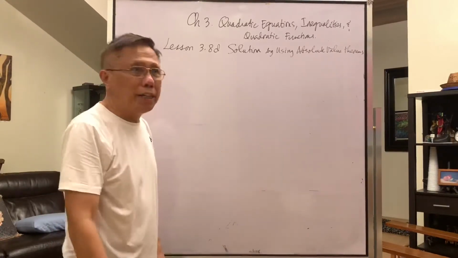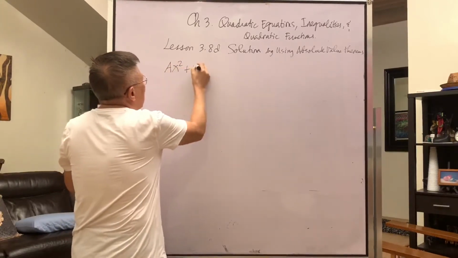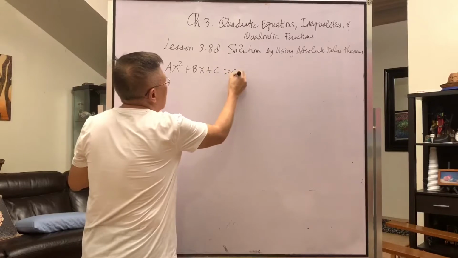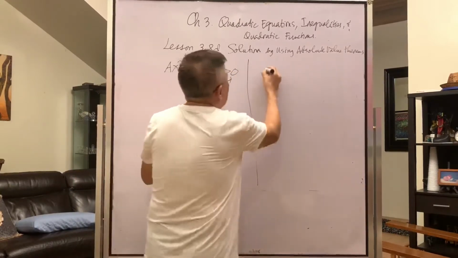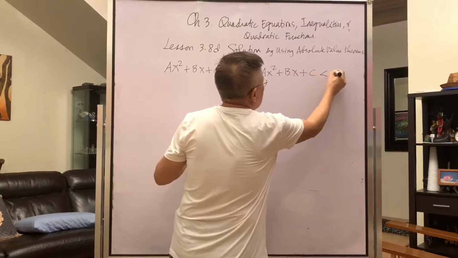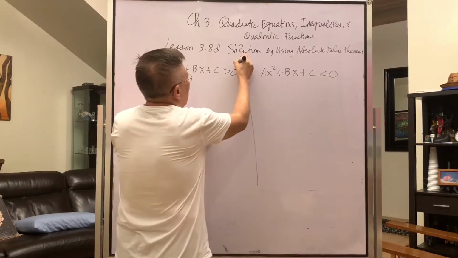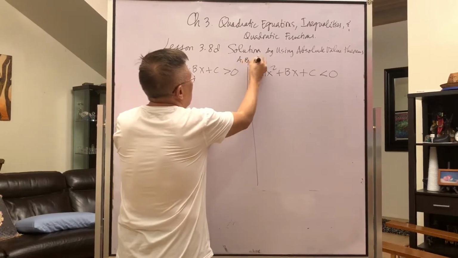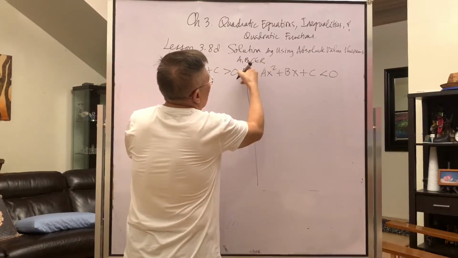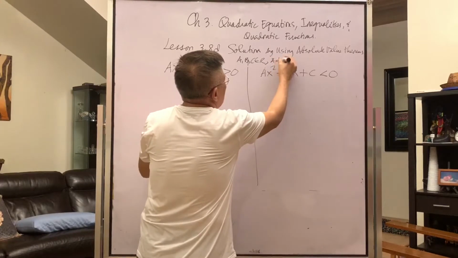Let's consider again these inequalities: ax squared plus bx plus c greater than 0 and ax squared plus bx plus c less than 0. In both these inequalities, we know that a, b, c are any real numbers and a is not equal to 0.